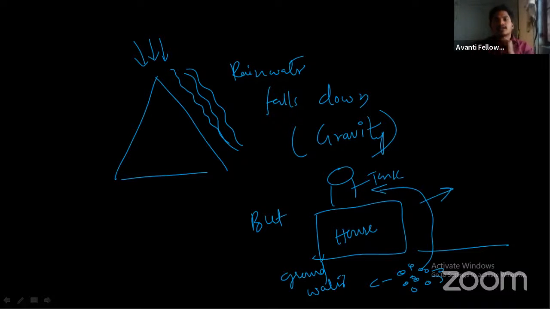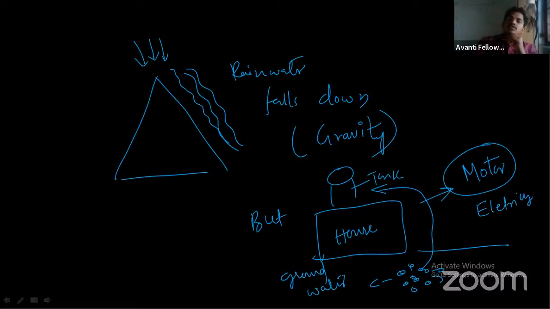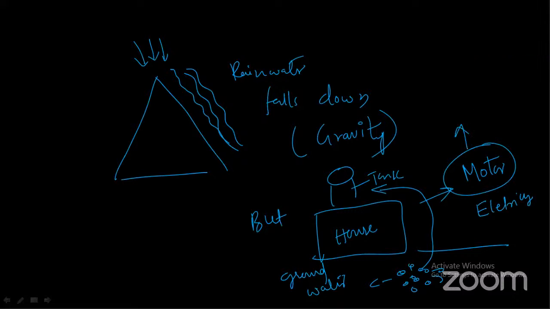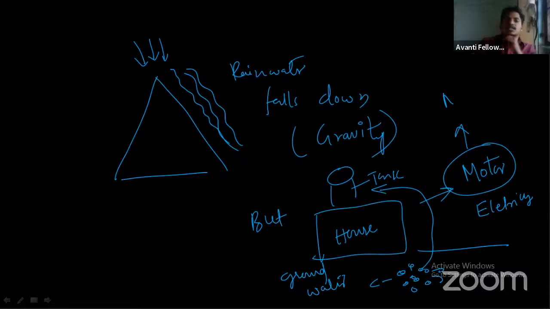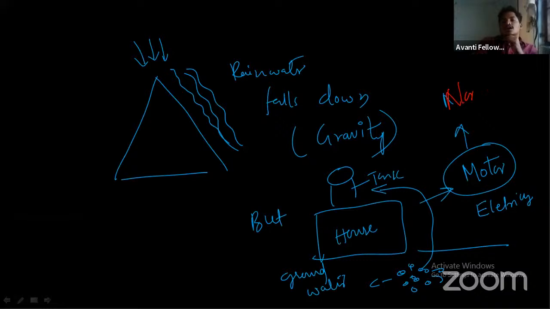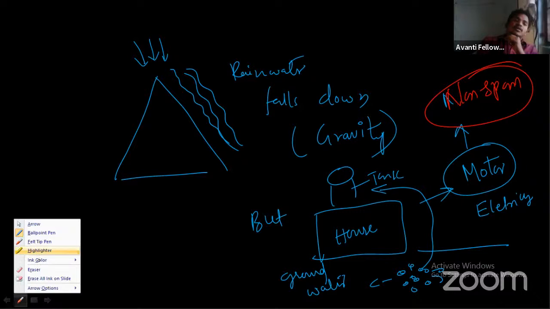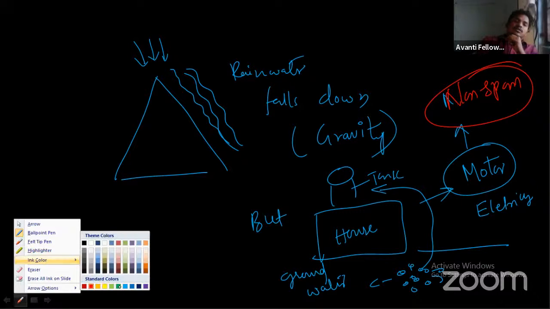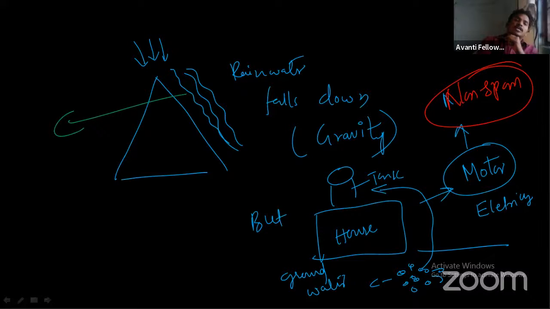We are going to use a motor. Very good. So here you are using electricity, right? If you are using any external source, this is nothing but non-spontaneous. And without any help, this is nothing but spontaneous.